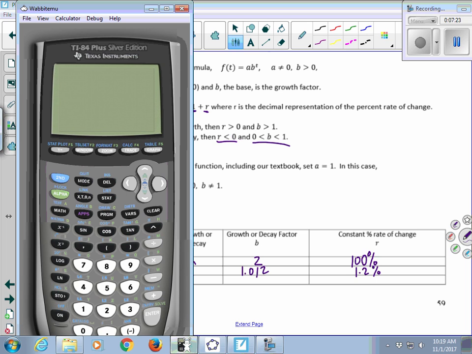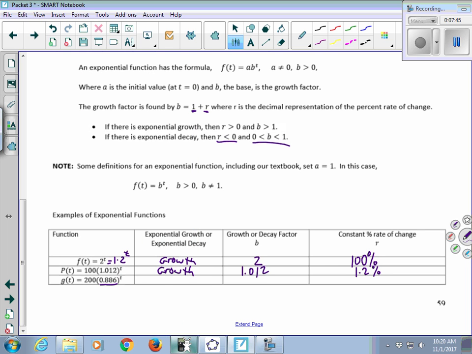Let's just see what happens when I multiply 200 times 0.886. I get $177.20. So the amount of money in my account shrank. So this is decay. Whenever your b value, this thing that you multiply by, is less than 1, you have decay. My decay factor is just the b value, 0.886.